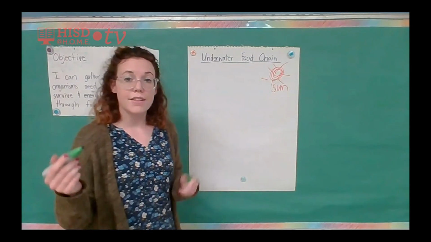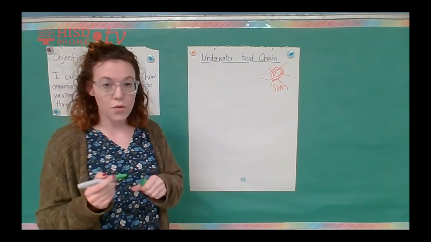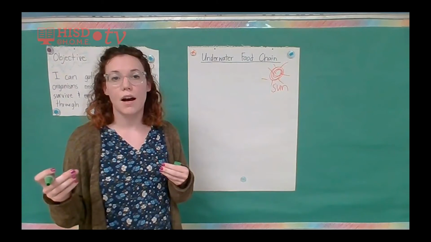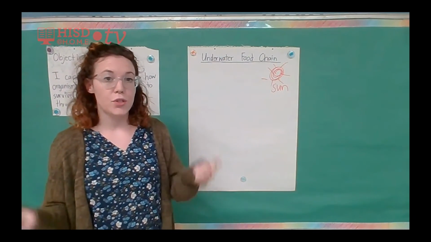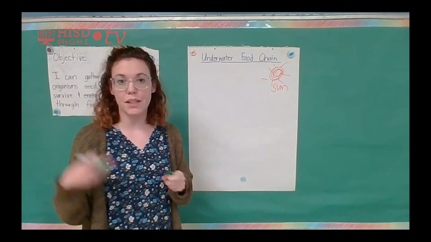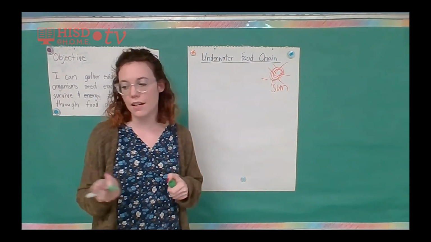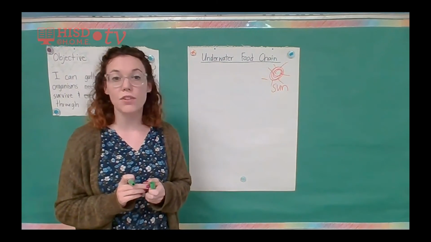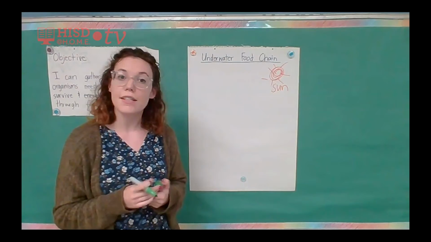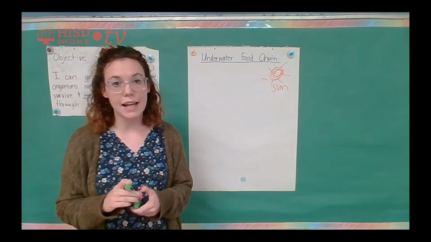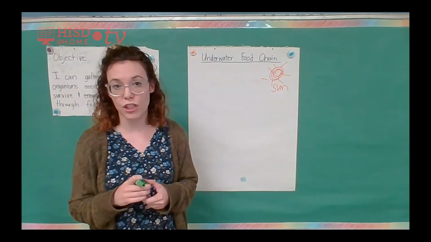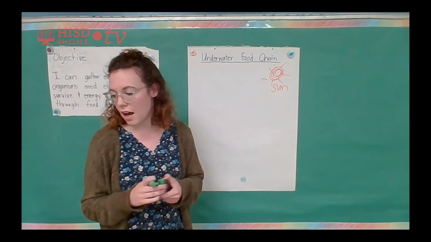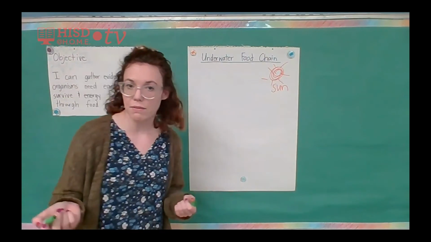All right. And so then we're going to see energy transferring or flowing to a producer, right? Something that can create energy using the sun. And a lot of times we see plants for things like that. And so in water, it's the same. A plant that can produce its own energy using the sun is seaweed. We've seen seaweed before, right?